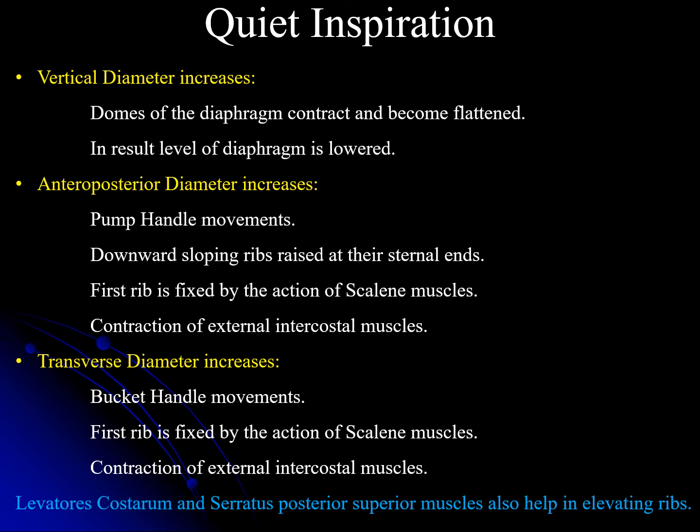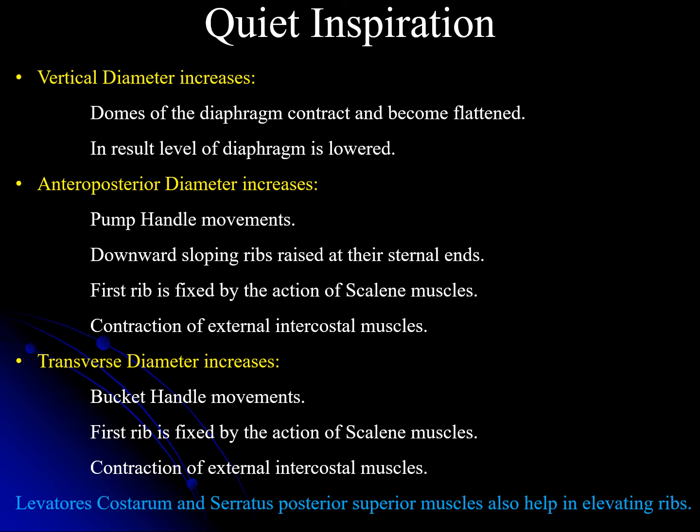The dome of the diaphragm descends and is responsible for the vertical increase; pump handle movements, along with fixation of the first rib and contraction of external intercostal muscles, for the anterior-posterior diameter increase; and bucket handle movement with first rib fixation and contraction of intercostal muscles for the transverse diameter.